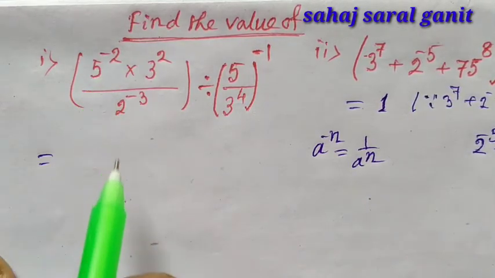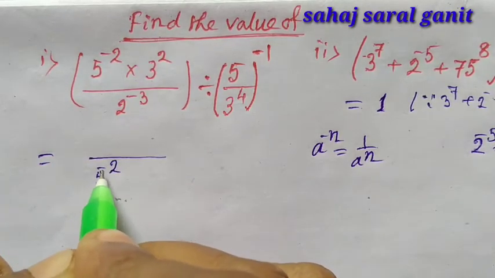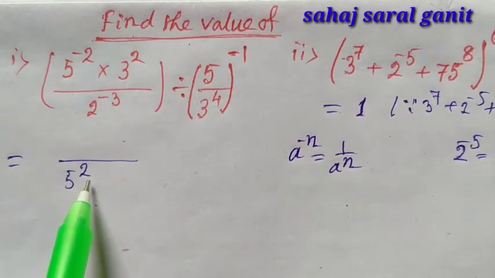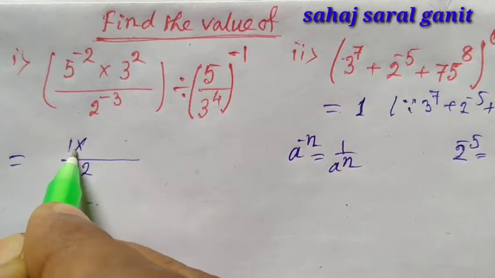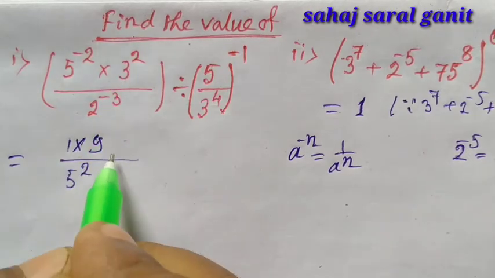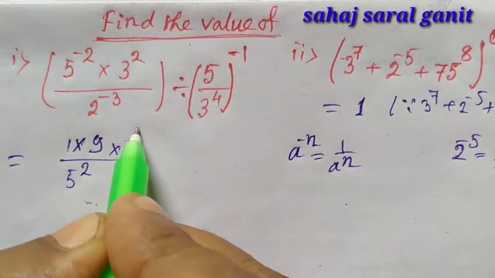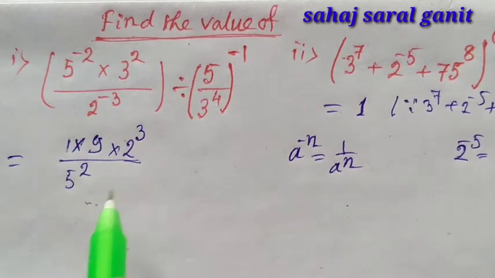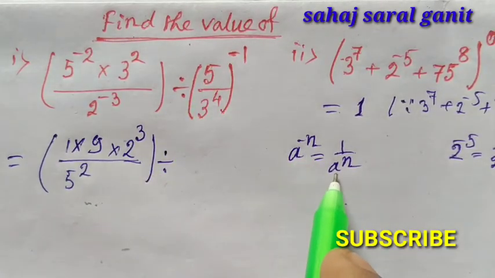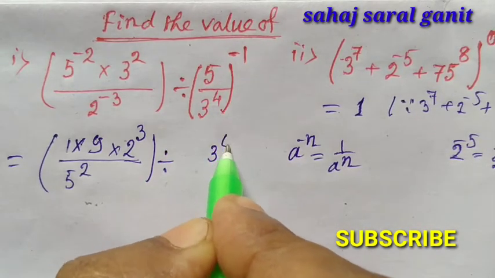Now 5 to the power minus 2 is equal to 1 by 5 square. 1 by 2 to the power minus 3 is equal to 2 to the power 3, and 3 to the power minus 4 is 1 by 3 to the power 4.